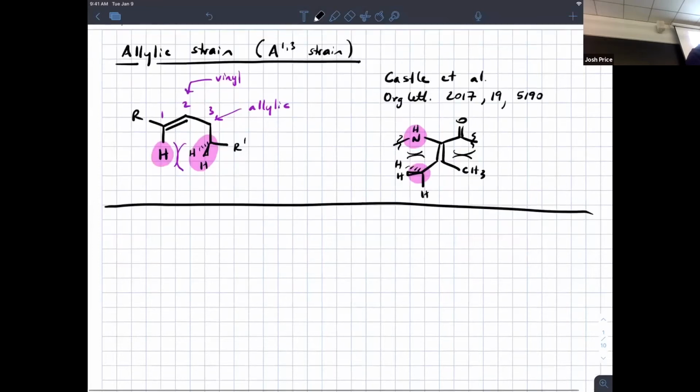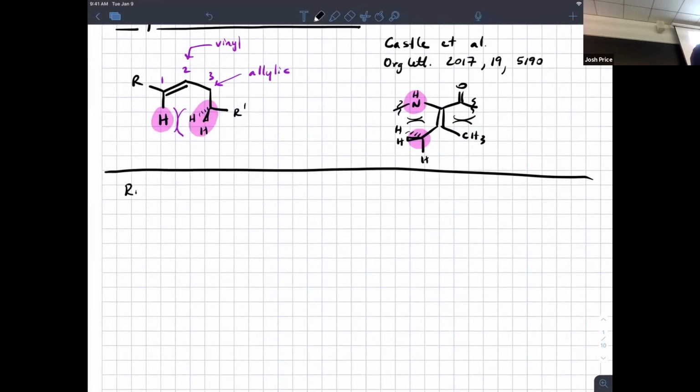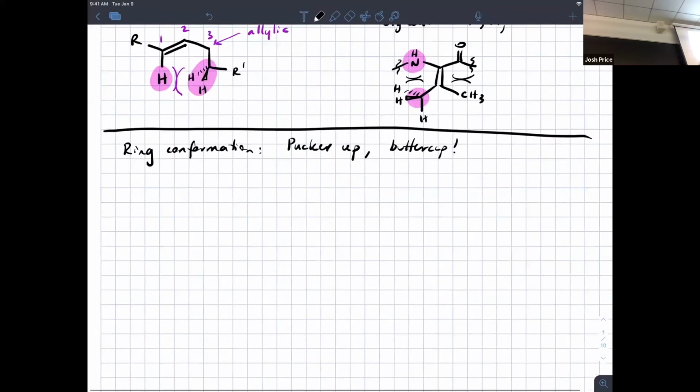cycloalkanes now, ring conformations, and the theme is going to be pucker up, buttercup. So, of course, with cyclopropane, 3 points define a plane, so there's really nothing you can do.